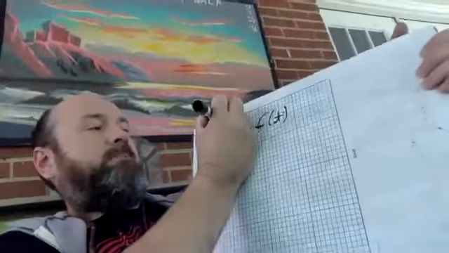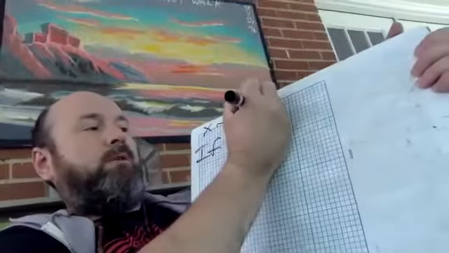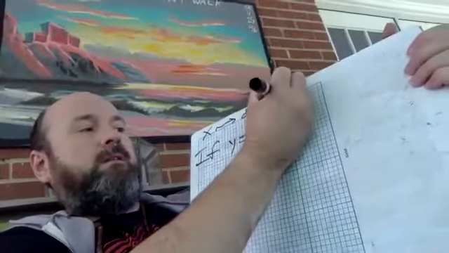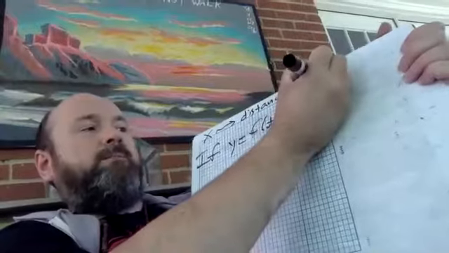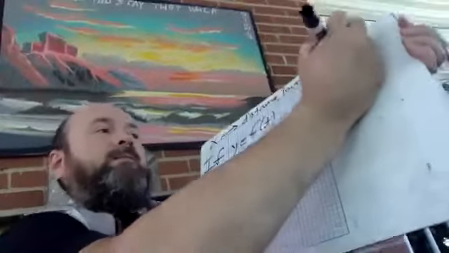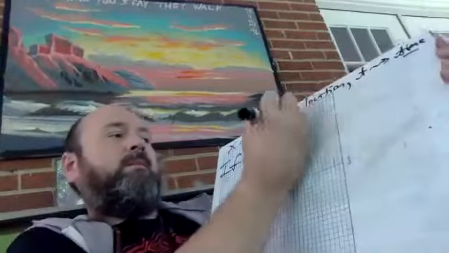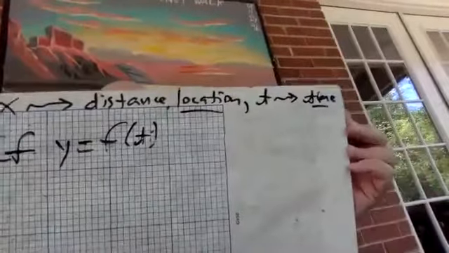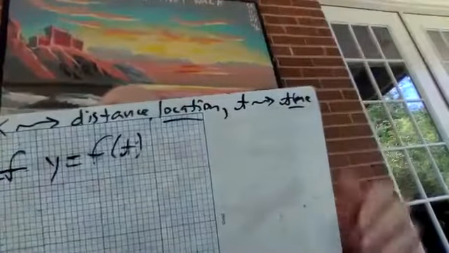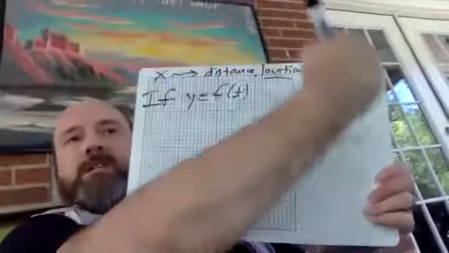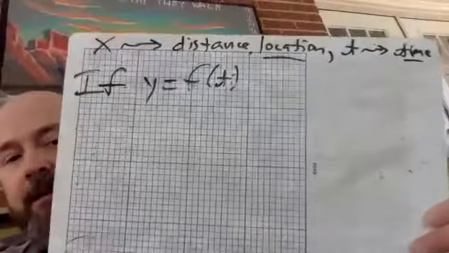X usually implies distance or location, a place on the number line. T usually implies that your number line now represents time. So does your variable want to represent a location, or a span of time? As time goes, your function is changing. It's a little different feeling, but it's the same thing.